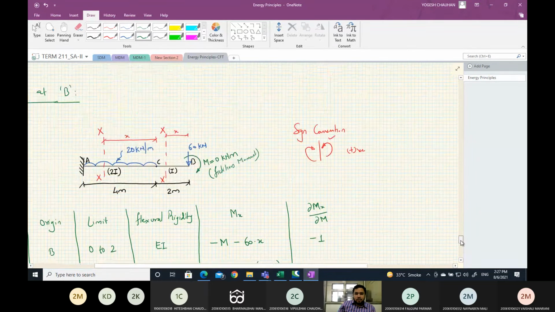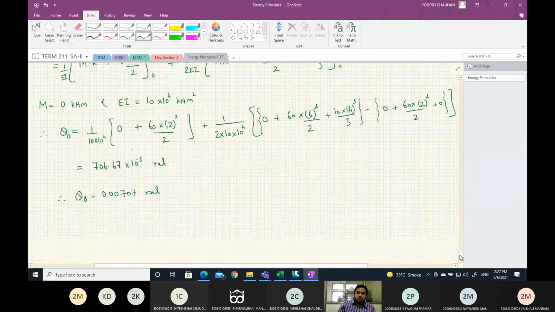The value of this integration comes out to be positive, that means whatever the sign we have assumed for the moment, we have assumed clockwise moment here, so this is also acting clockwise.